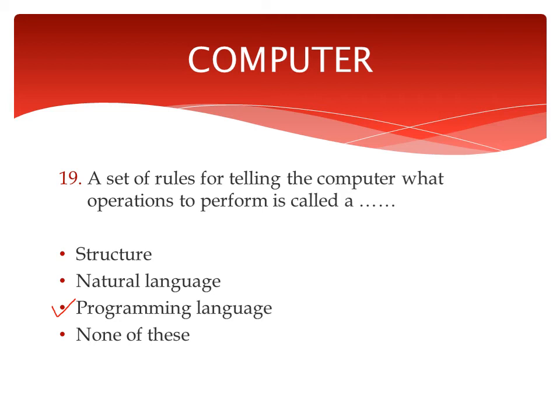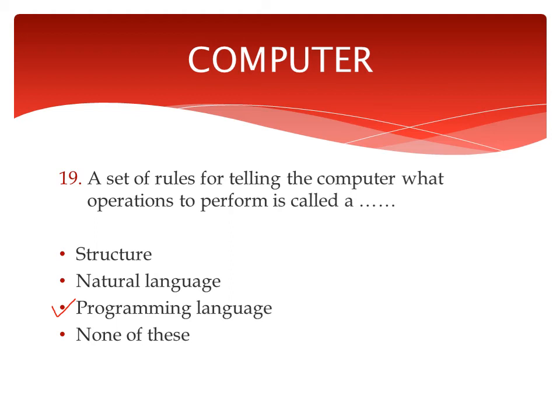19th question: a set of rules for telling the computer what operations to perform is called a first, structure; second, natural language; third, programming language; fourth, none of these.